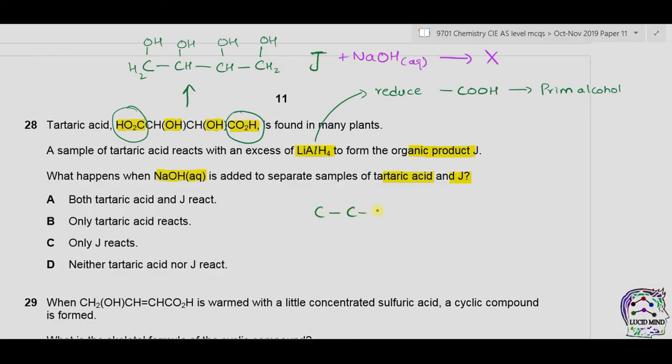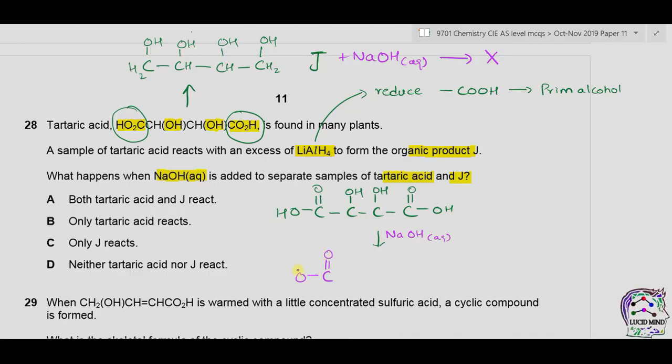We have 4 carbon atoms in tartaric acid. 2 alcohol groups are present. 2 carboxylic acid groups are present. Upon reaction with aqueous sodium hydroxide, the carboxylic acid will be neutralized to salts.